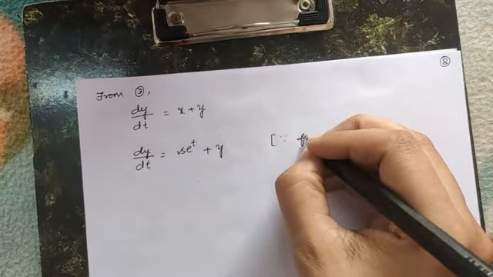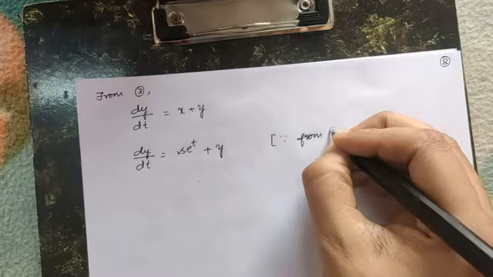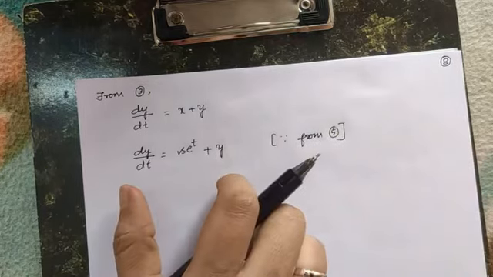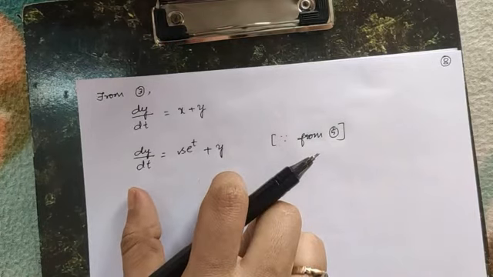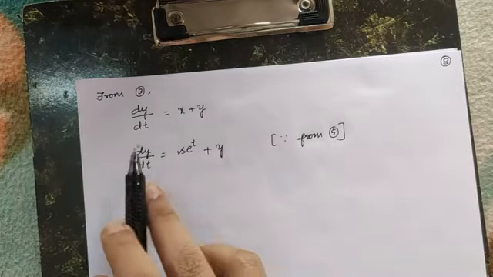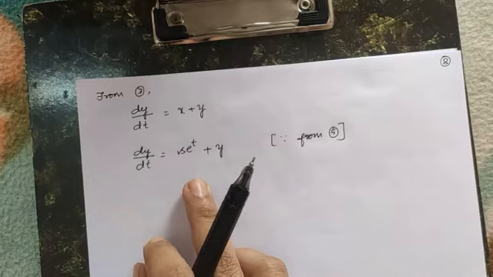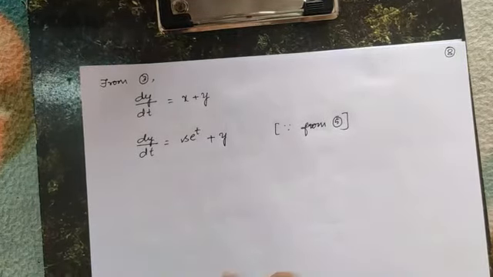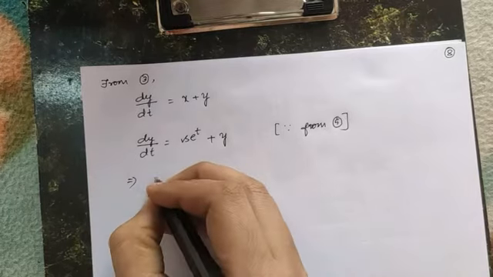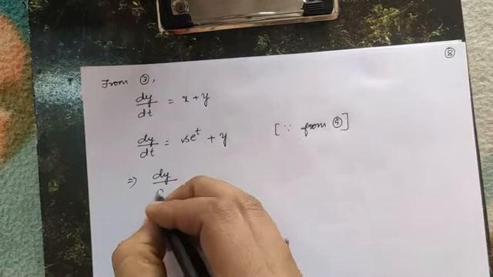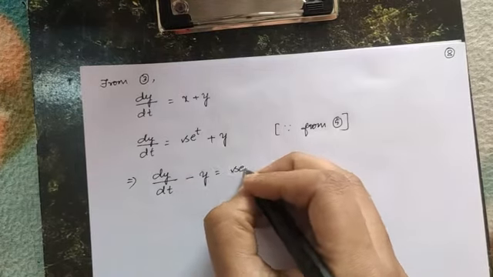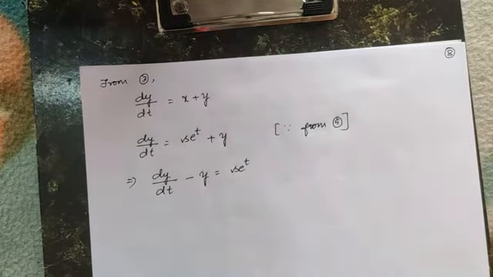This is from equation number 5. So if I just take my equation in this form, I can say that it is not possible to solve at this level itself. So I have to do some simplification, right? For that I will write this equation in the form of dy by dt minus y is equal to s into e power t.